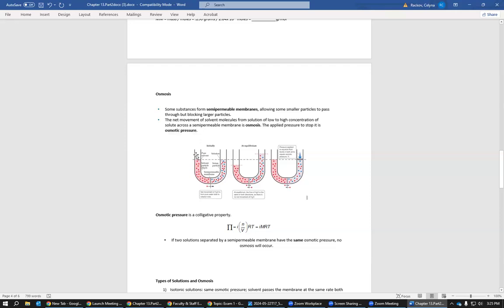So here you have this U-tube, and on one side you have only water. On the right side, you have a mixture, right? You have a solute and solvent.